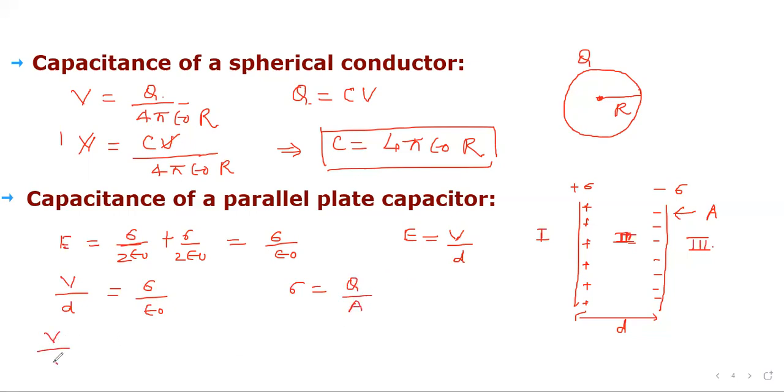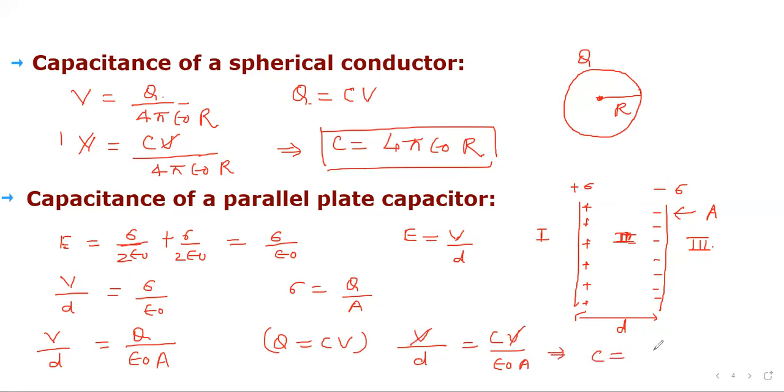So V upon D equals Q upon epsilon naught A, but Q equals CV. So we put this value here. So we get V divided by D equal to CV divided by epsilon naught A. V will cancel out, and we will get C equal to epsilon naught A upon D, which is the required expression.